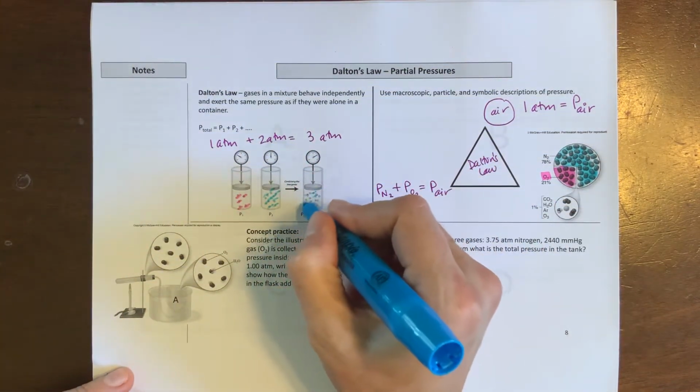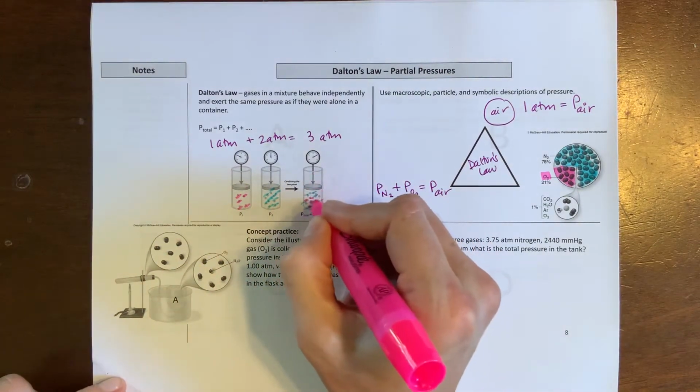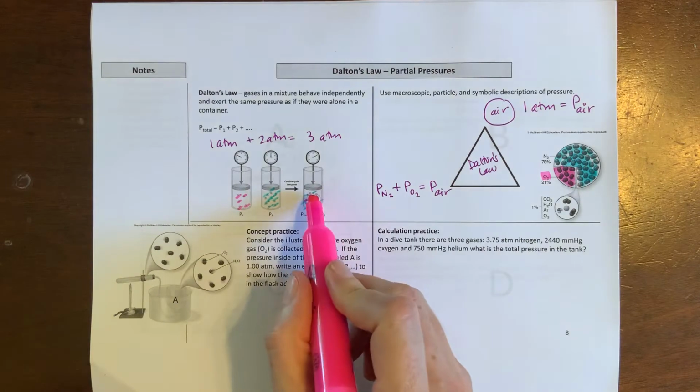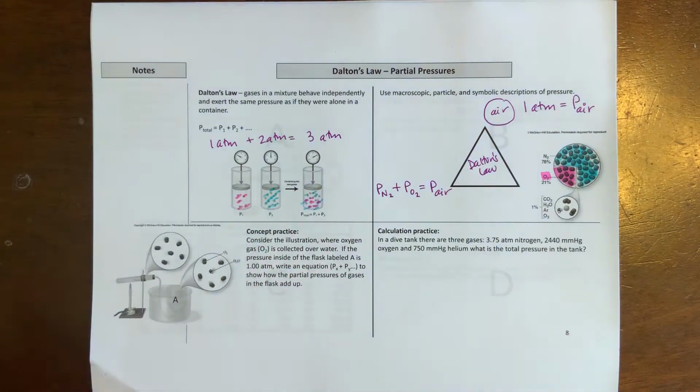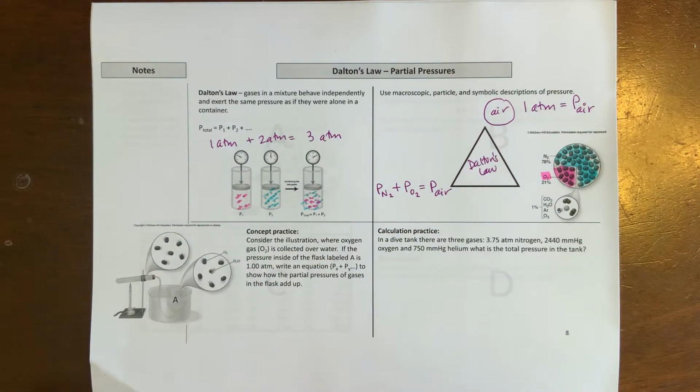So if I have a bunch of nitrogen molecules, and then I have my 5 oxygen molecules, this pressure is going to be just the combination of the first 2. So that allows us to look at an individual gas or start to think about what a mixture of gases would look like. Conceptually, let's look at a problem that would relate to this.